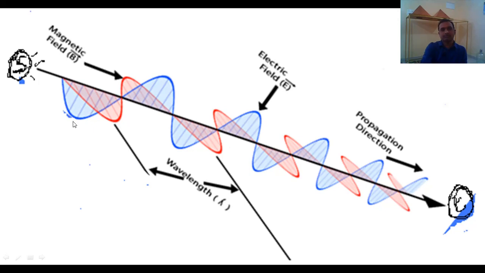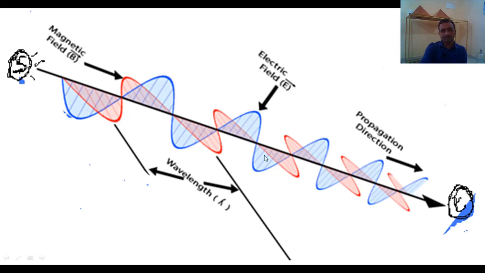This blue line indicates the electric field. This red line represents the magnetic field. These electric and magnetic fields vibrate perpendicular to the propagation direction.